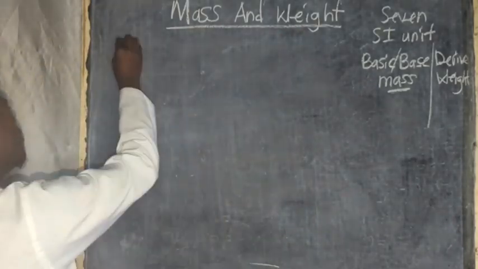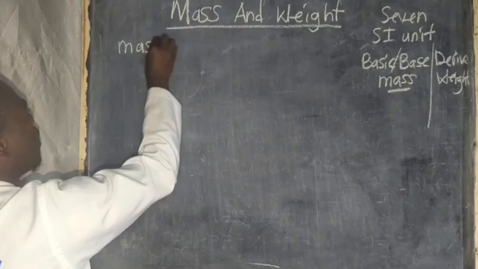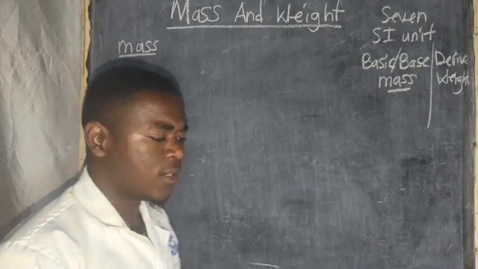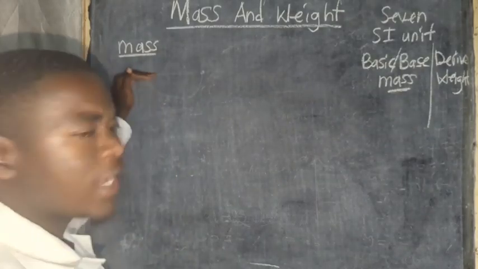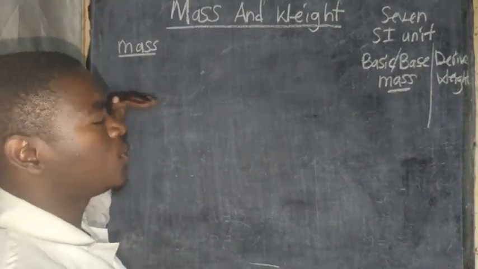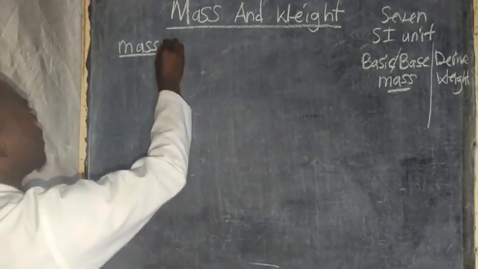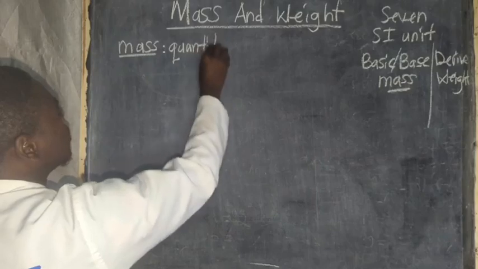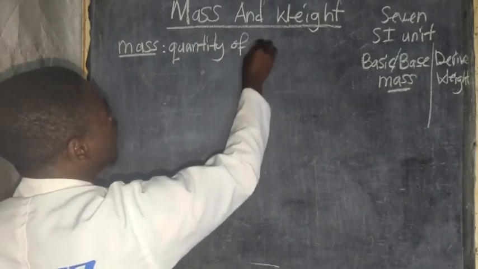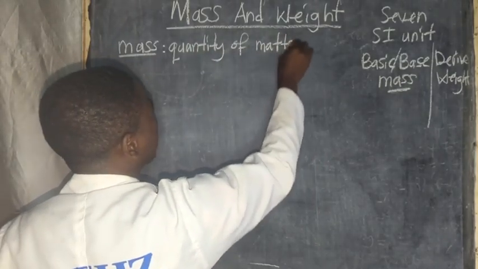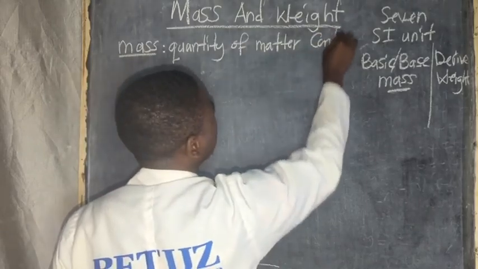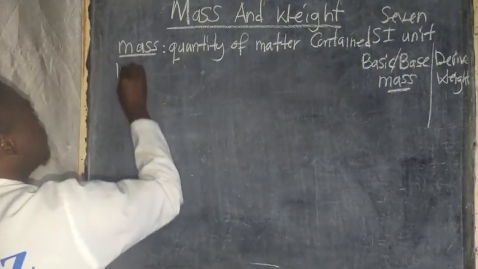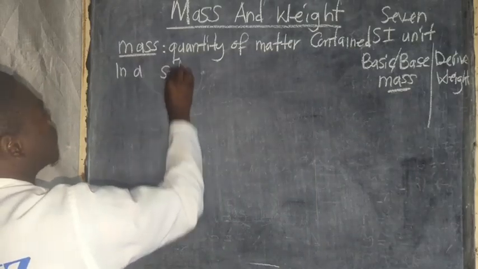So let us start with mass. We see how we get to understand what mass is. Whenever we are talking about mass, what you need to know is that mass is the quantity of matter contained in a substance.